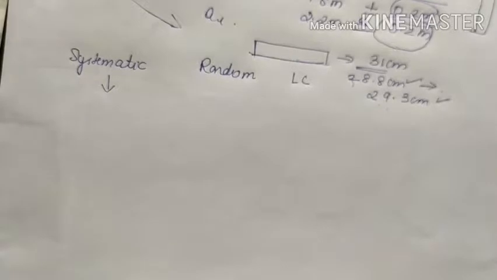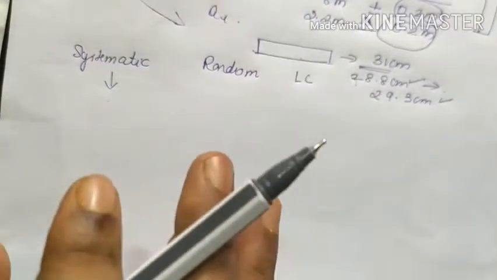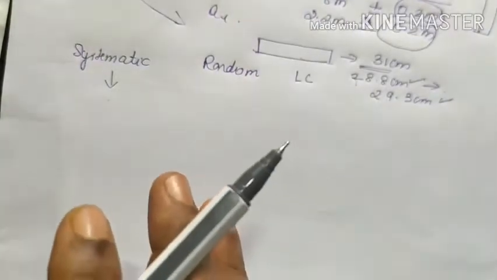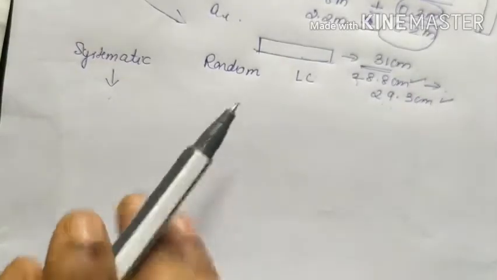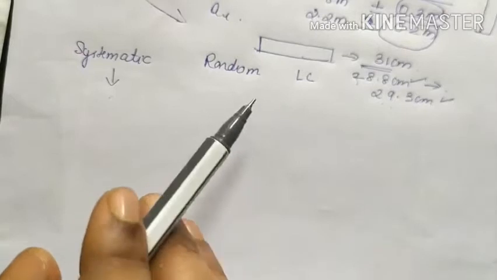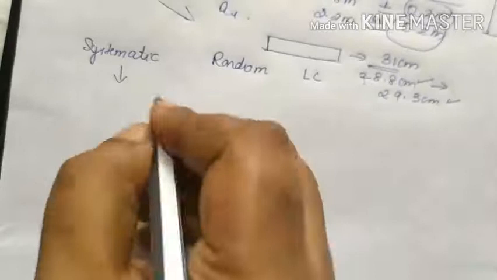Okay, so systematic errors. These types of errors happen in a systematic fashion, or I can say they are something you know about and can predict. Hence, they can be easily eliminated. I hope you have heard about zero error.